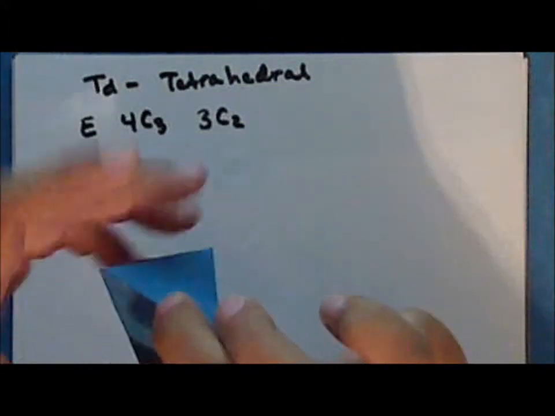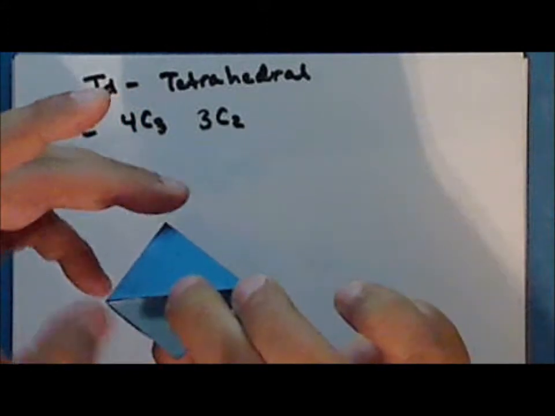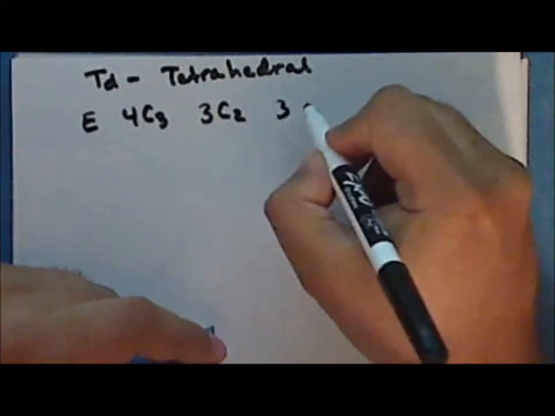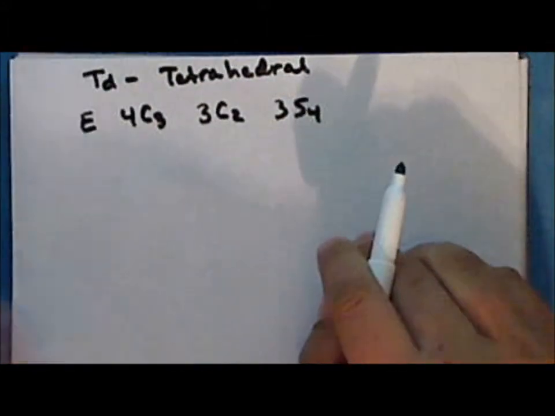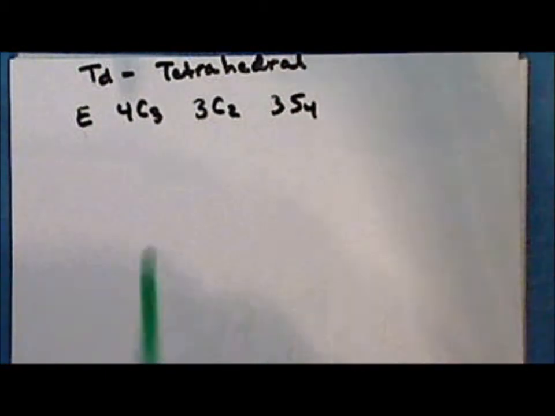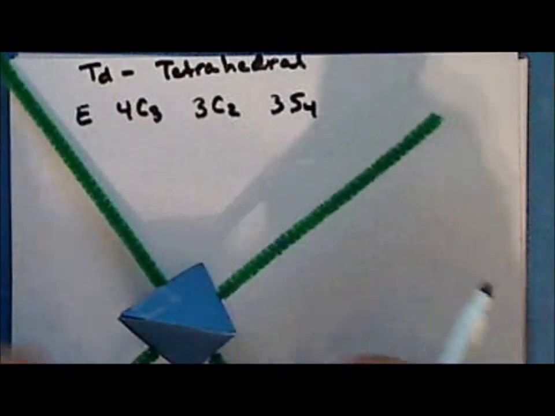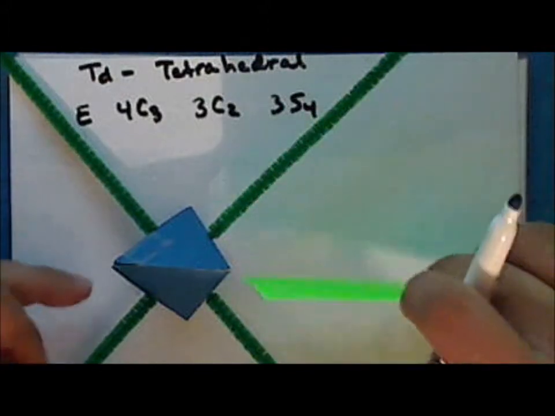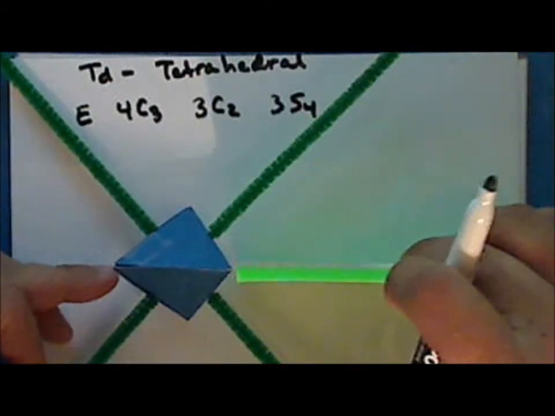Now each C2 axis is also an S4 axis. And so we have 3 S4 axes. And we have a dihedral plane that passes through each edge.